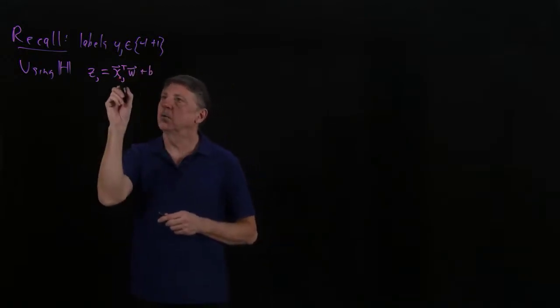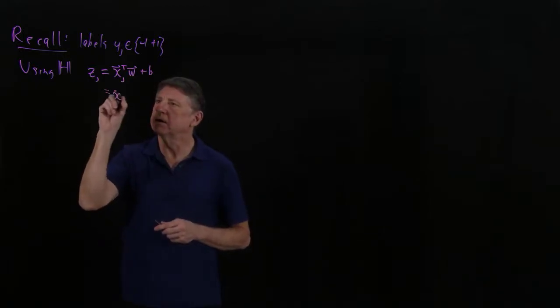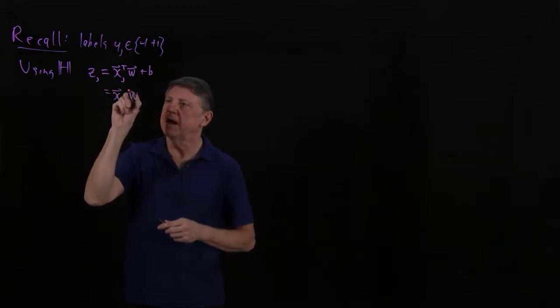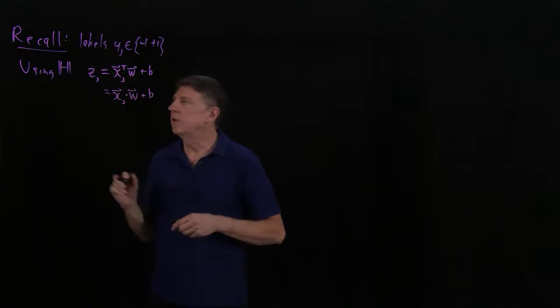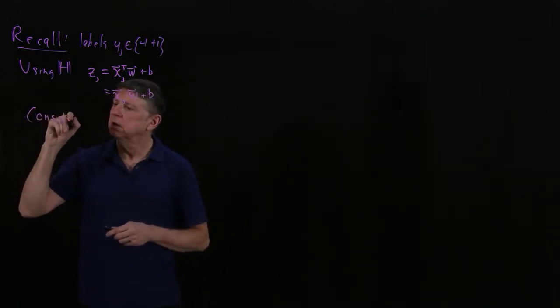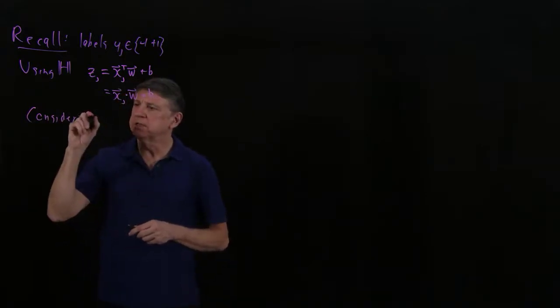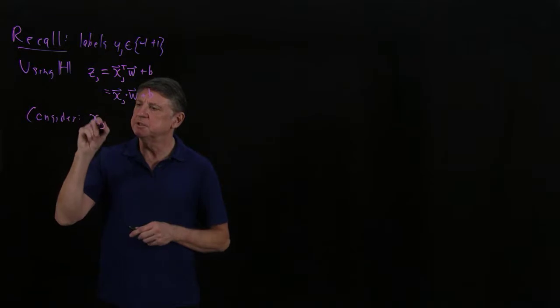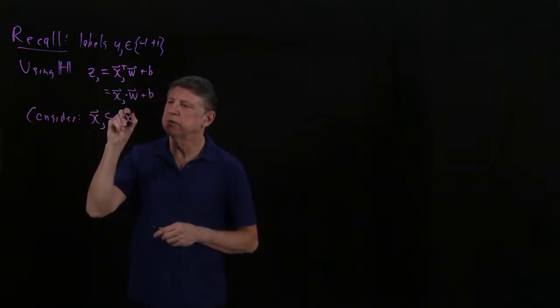We could also write this as the dot product of the jth data vector and the weight vector plus the bias scalar. Now, let's consider the situation from a previous lecture, which was to embed this jth data vector into a higher dimensional space.